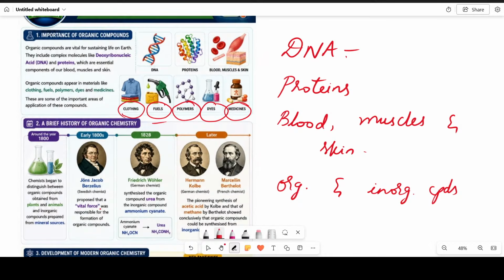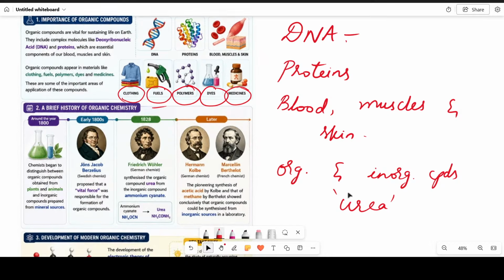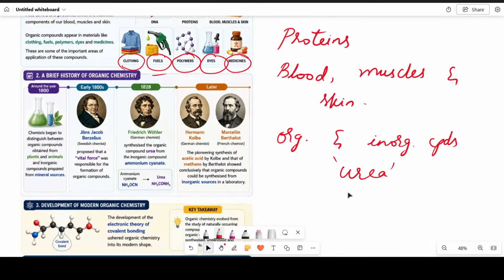Later on, in 1828, Friedrich Wöhler, a German chemist, synthesized the organic compound urea from an inorganic source, that is ammonium cyanate, and proved that Berzelius' theory of vital force was wrong.